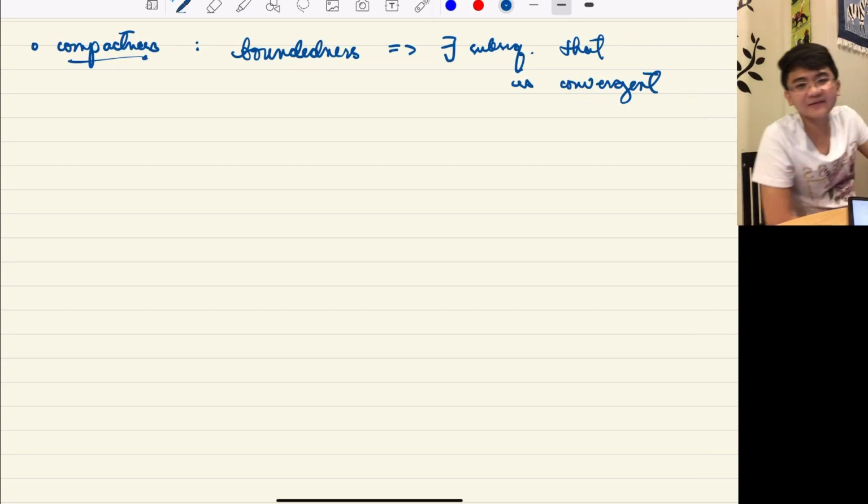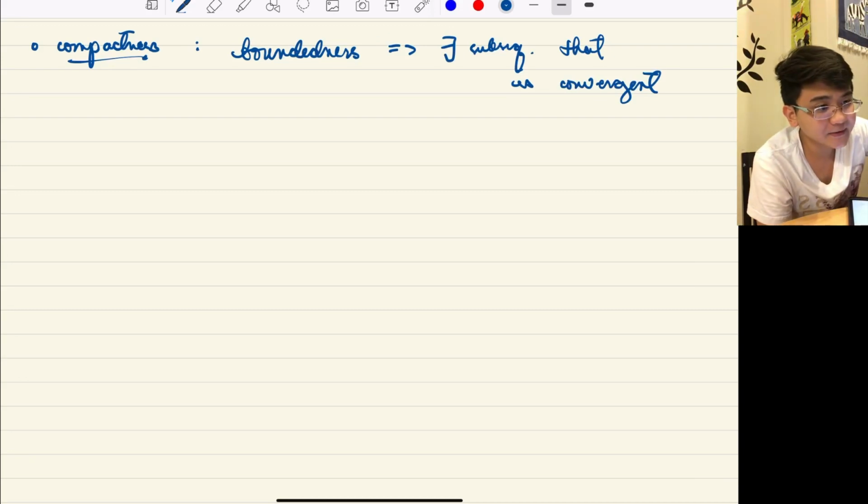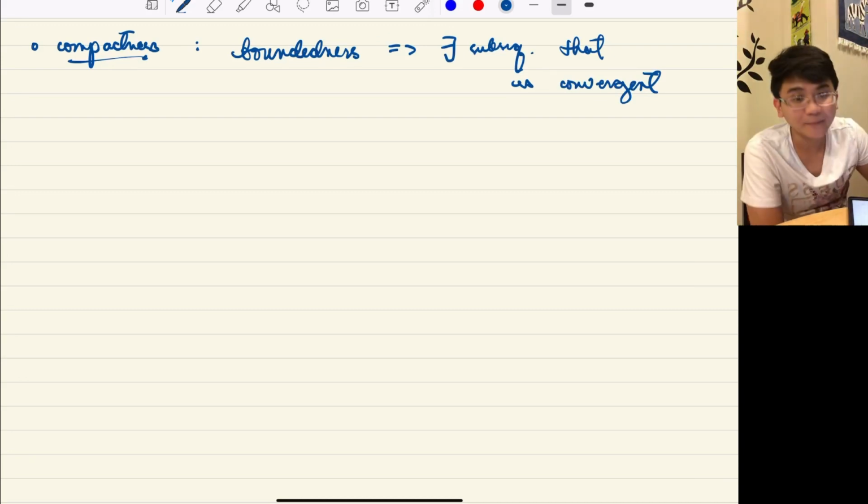To give this more context, let's note a particular example. Let's look at the case when P equals 2.